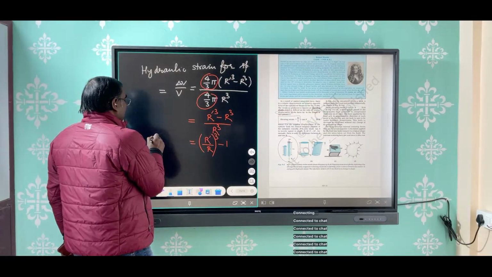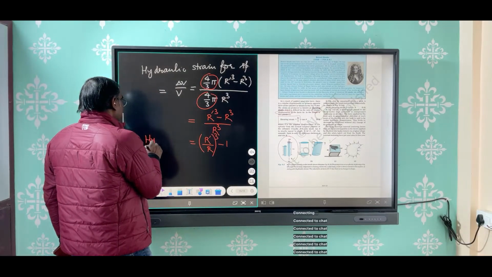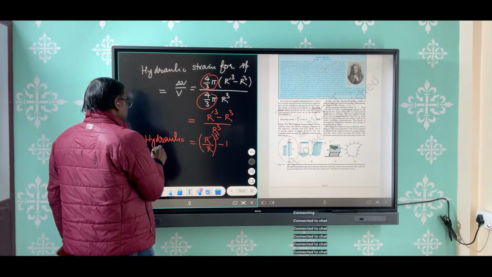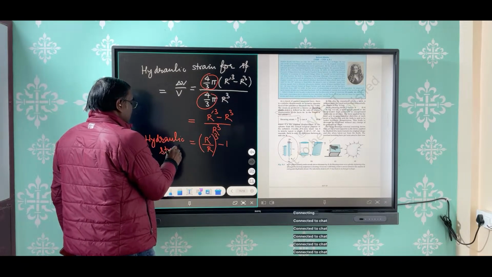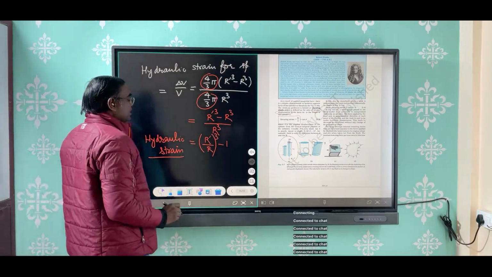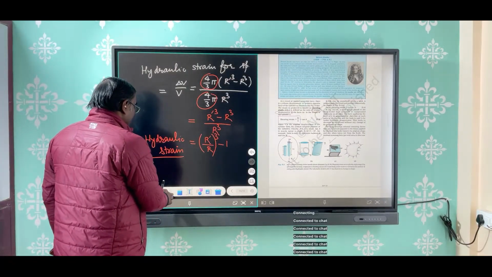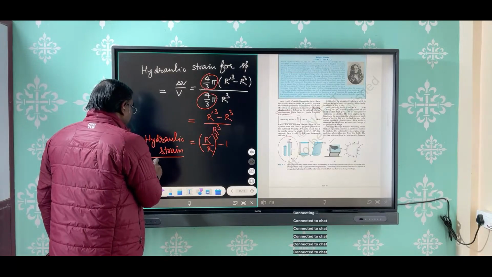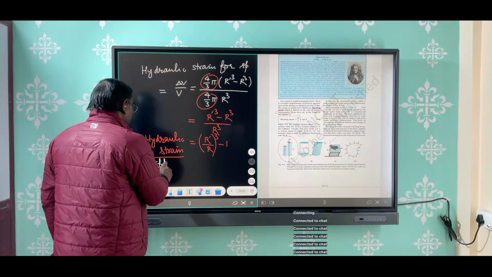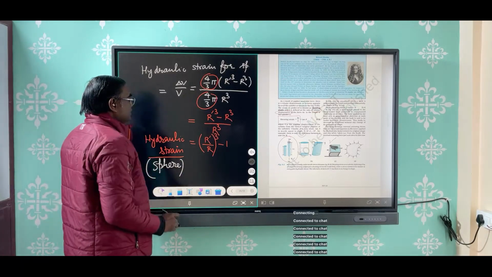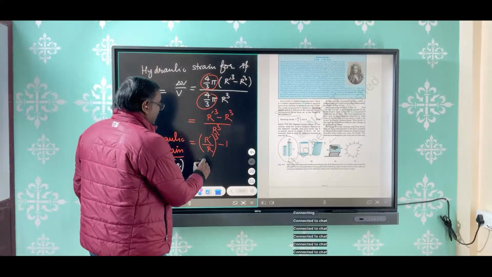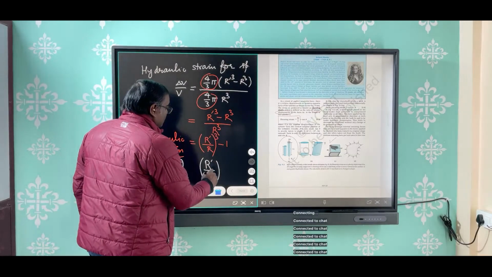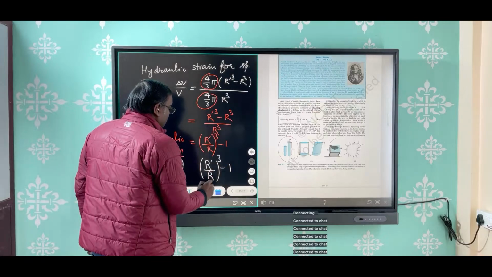So see, our hydraulic strain in case of a sphere is this much: (r prime upon r) to the power 3 minus 1.